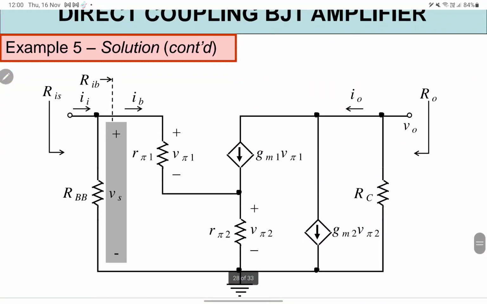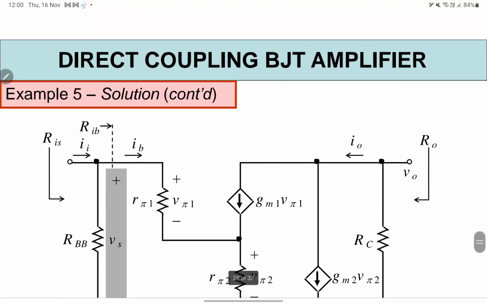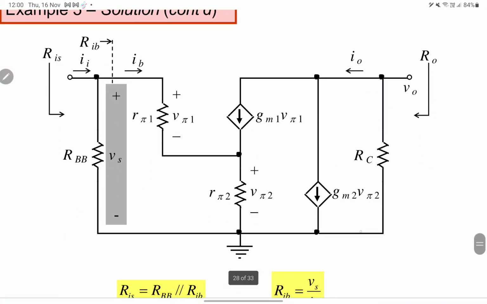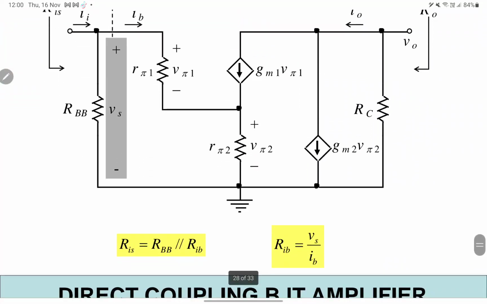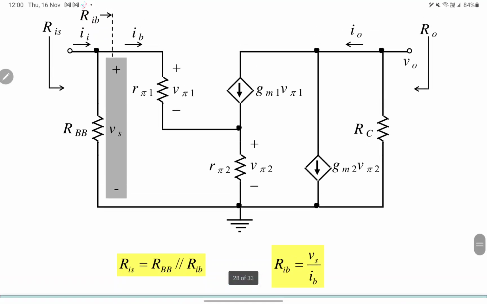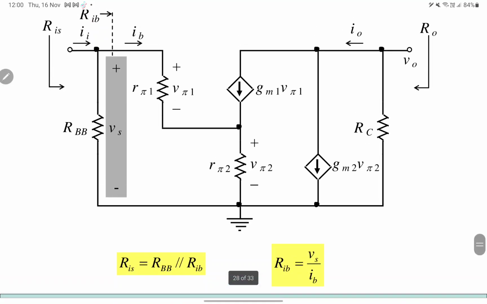Okay, we are still not finished yet. The question asks us to find the input resistance, because this configuration provides very high input impedance or very high input resistance.